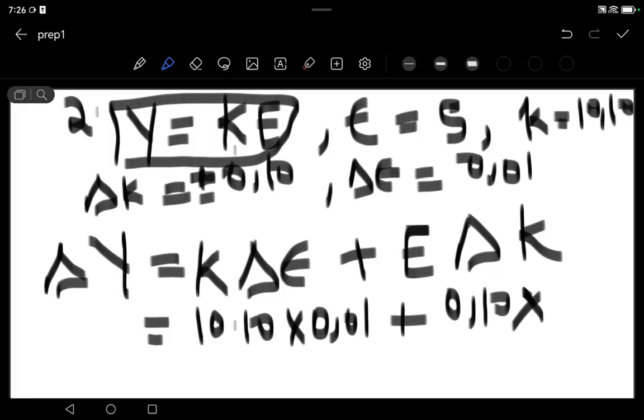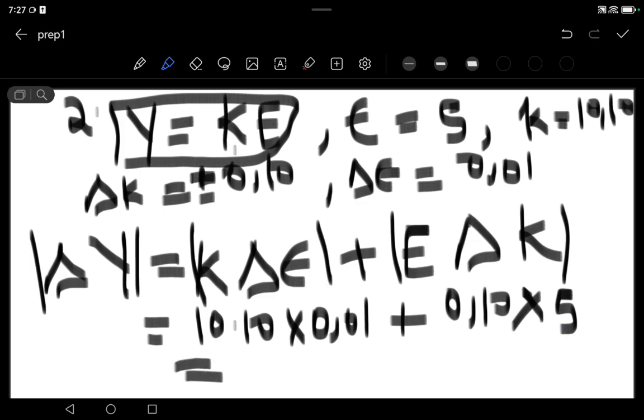It doesn't matter whether it's plus or minus, because we put the absolute bars here. E is 5, and then you get your answer.